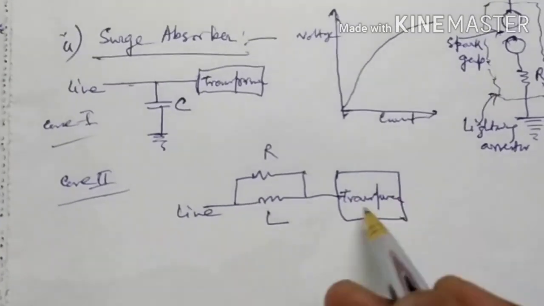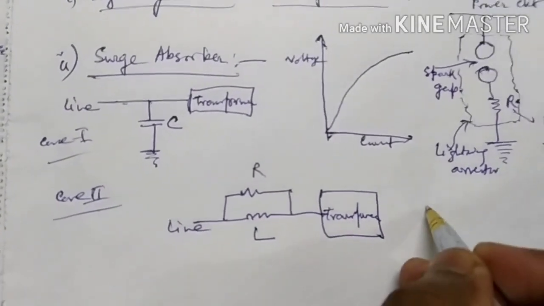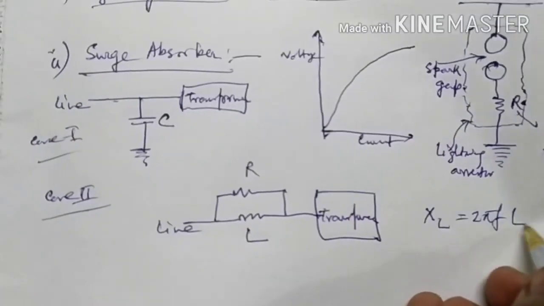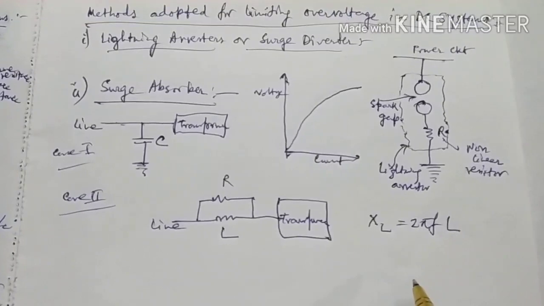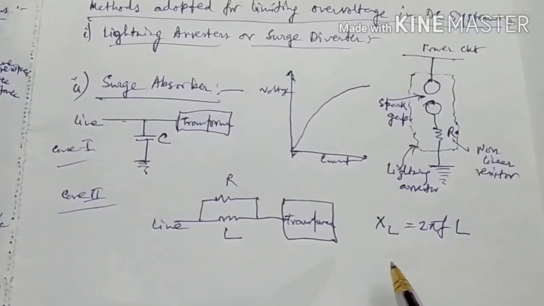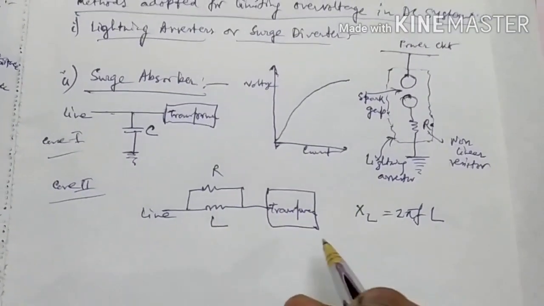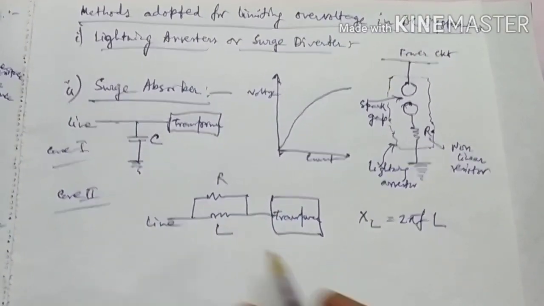Here the choke offers high reactance to surge frequency, that is XL equal to 2 pi f L or omega L. Therefore the surges are forced to flow through the resistance R, where they are dissipated.